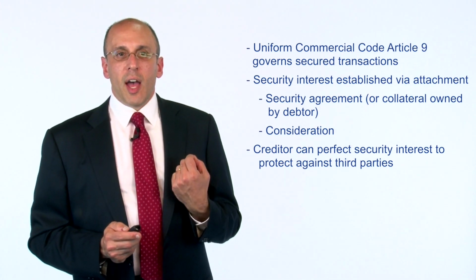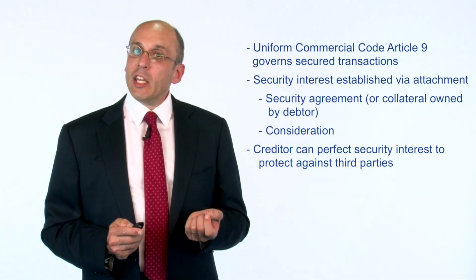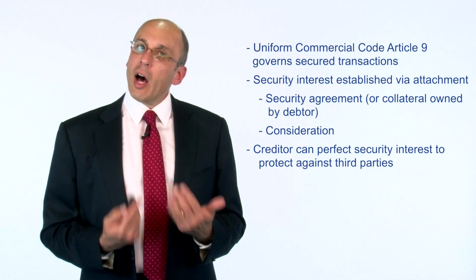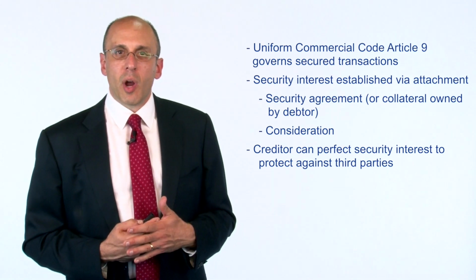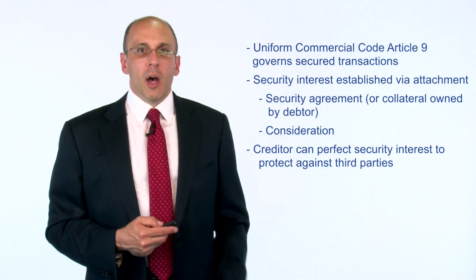So they have the security agreement. The creditor provides money or some form of consideration in return for the security interest, and the debtor must have rights in the collateral such that she can grant them to the creditor.